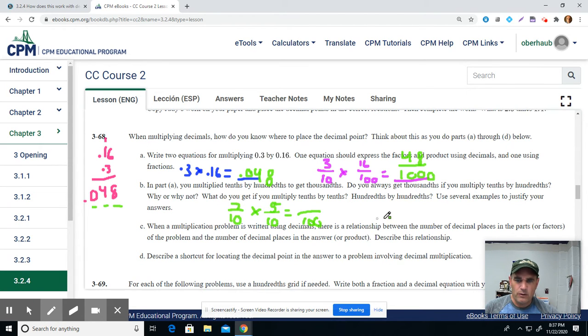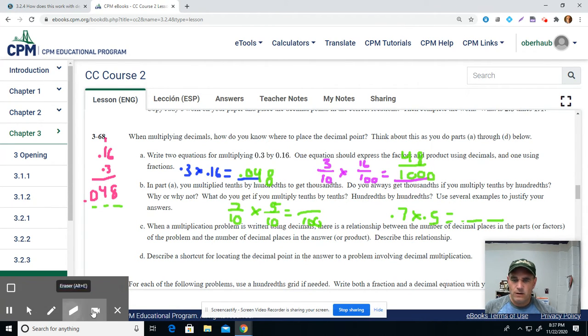Well, my answer would be 35 hundredths. So 7/10 times 5/10, our answer is going to be in the hundredths. And it should be, because look, we have 2 decimal places. So when I get an answer, we're also going to have 2 decimal places. So we're going to get hundredths when I do tenths by tenths.